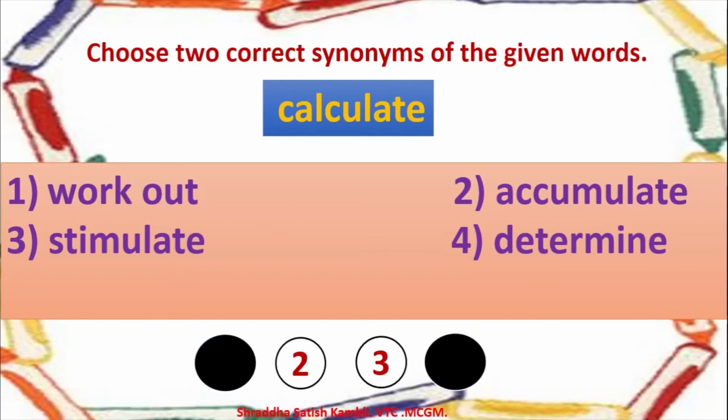So when you say you work out the cost of this project, that means you're calculating the cost of the project. You could also say, let us determine the cost of the project, so we know how much money we have with us. Okay, so calculate could mean work out, or it could also mean determine.